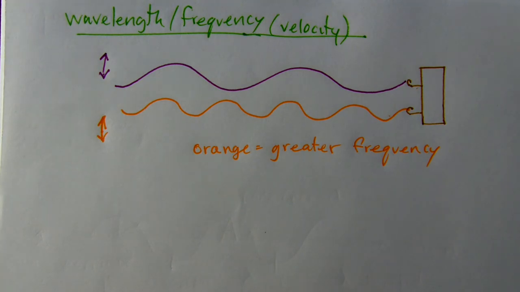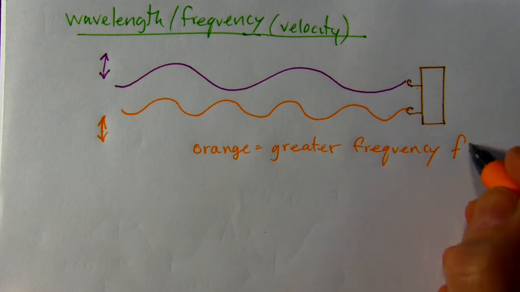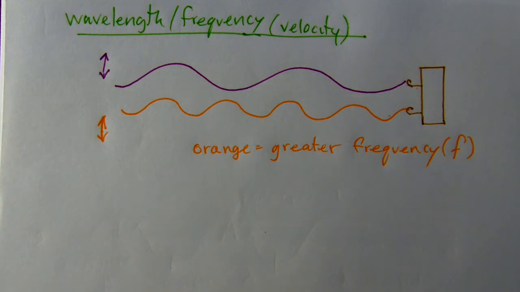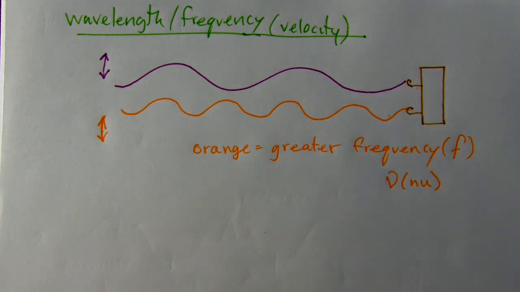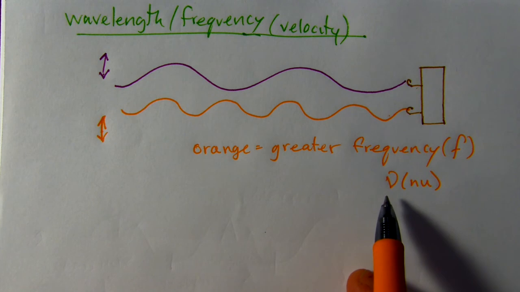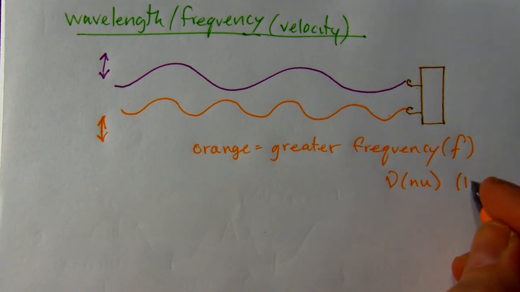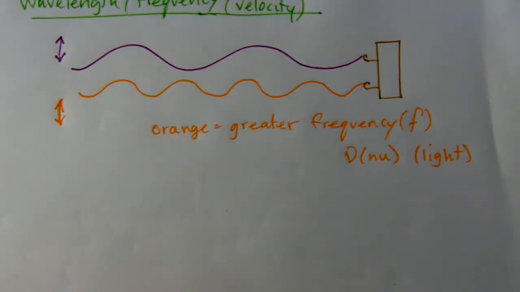And then obviously the purple one has a lower frequency. And we do use this, the letter F, for frequency, but we also use this guy here, the Greek letter nu, for frequency, especially with light, not necessarily with sound. Okay, this tends to be only for light when we talk about frequency.